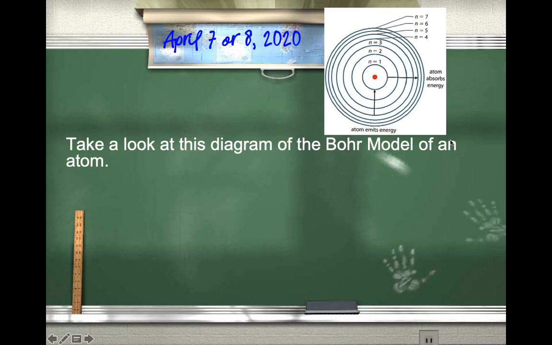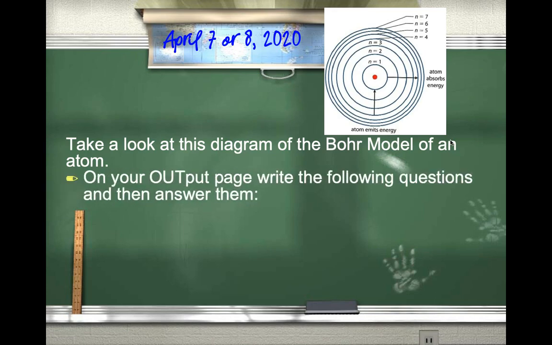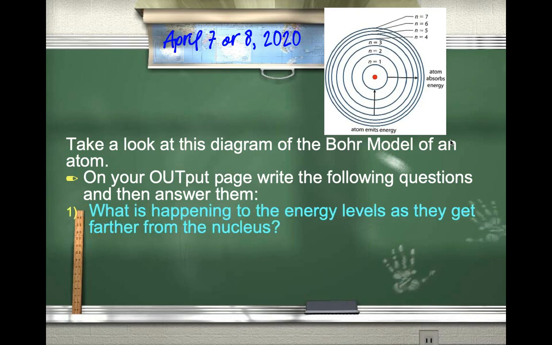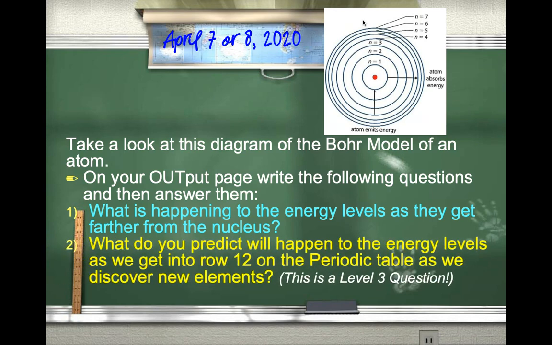Looking at that picture, I've got a couple of questions I'd like you to think about and then answer on your output page in your notebook. First question: what is happening to the energy levels as they get farther from the nucleus? Here's energy level 1, here's the nucleus. What do you notice about the energy levels as you get farther away? This is pretty much a level 1 question, because it's literally just what do you notice? The second question is a level 3 question.